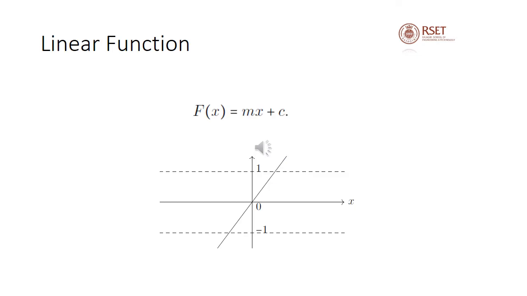The next function is the linear function. The value is f(x) = mx + c, which is equivalent to a line, where m is the slope and c is the y-intercept. The value ranges from 1 to -1.